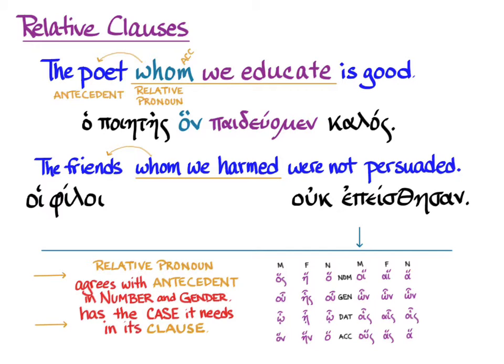Since whom is the direct object of we harmed, we're going to need the accusative masculine plural. So let's put that in, hus, and then the rest of the relative clause, eblapsamen. The whole sentence then reads, hoi philoi hus eblapsamen ouk episthesan. The friends whom we harmed were not persuaded.